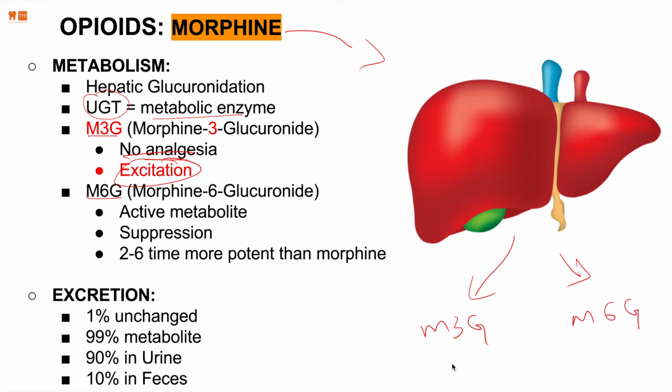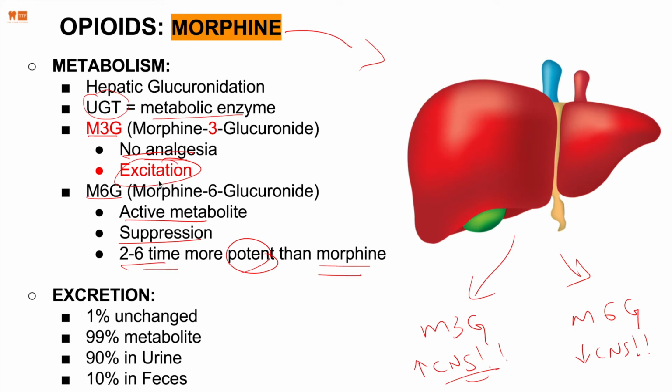The M3G actually causes CNS excitation. We don't want that. What we want is what M6G does. It's an active metabolite. It leads to suppression, right? It causes CNS suppression. However, we also need to understand that it is 2 to 6 times more potent than morphine itself. So when it is metabolized through the liver, we get 2 types of results.